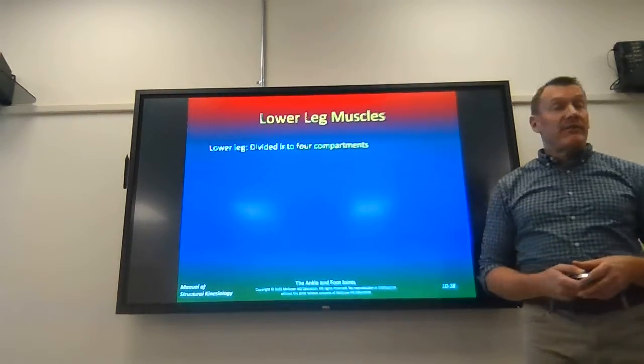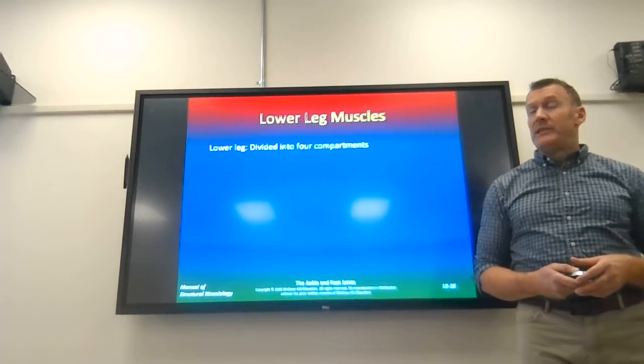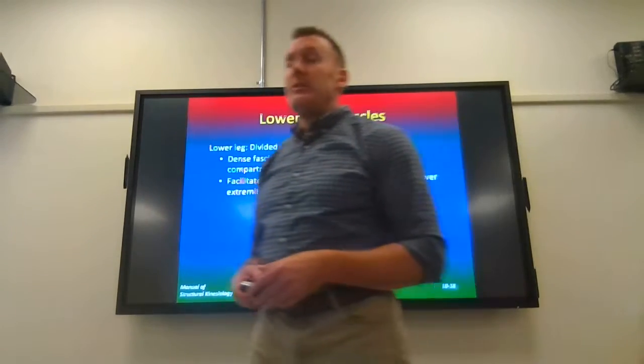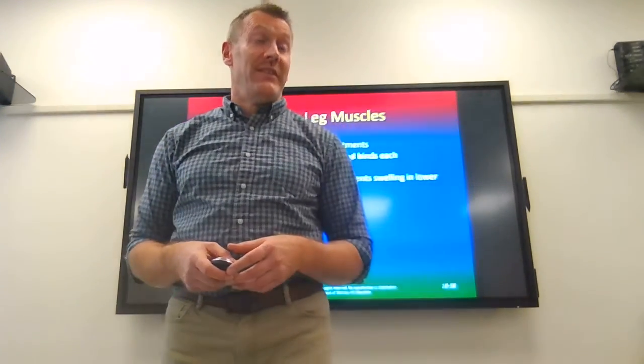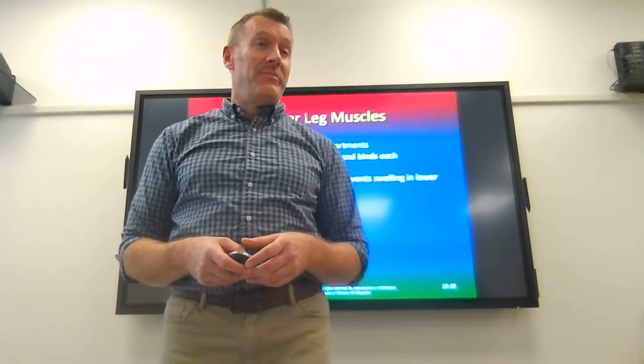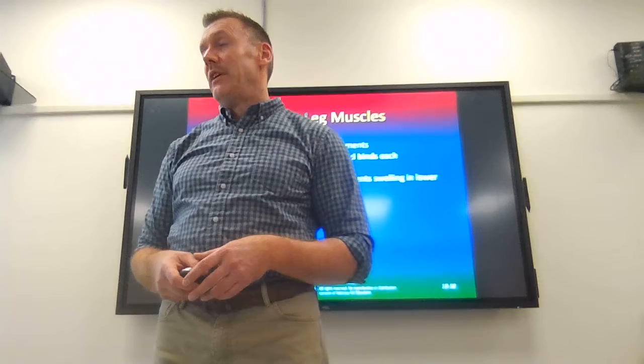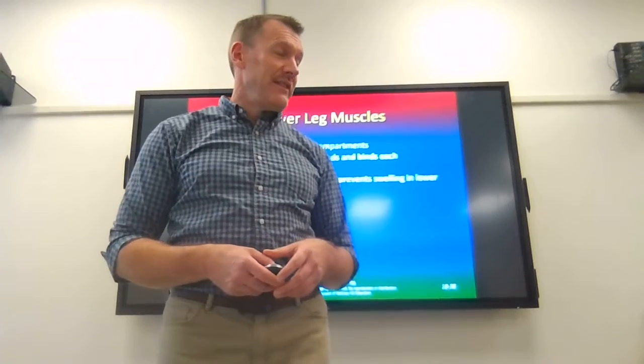So the lower leg is divided into 4 compartments. And that's really important because it facilitates return of blood. Your heart puts pressure on the blood, and that's what moves the blood through the arterial circuit.